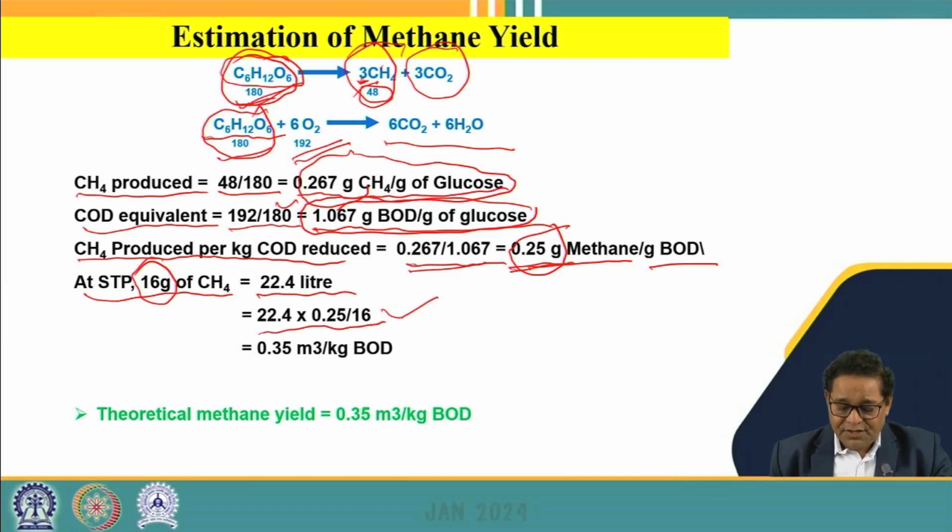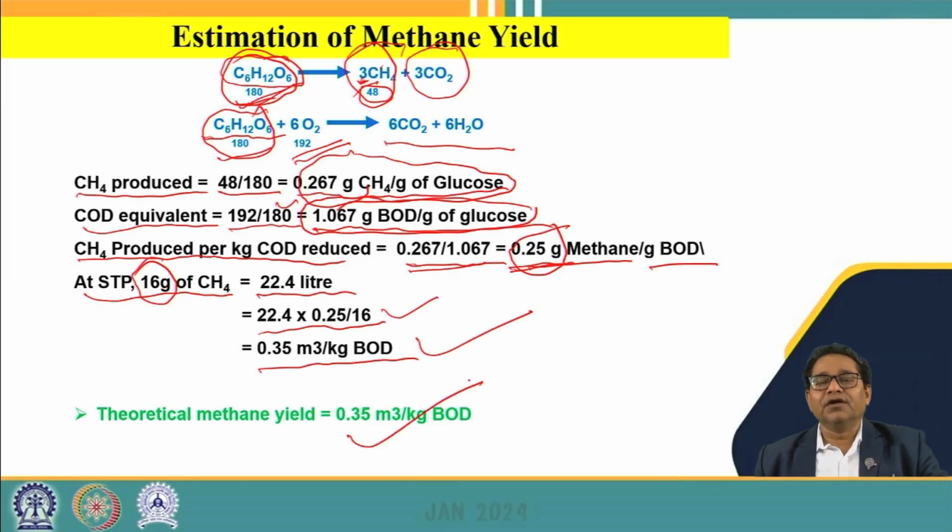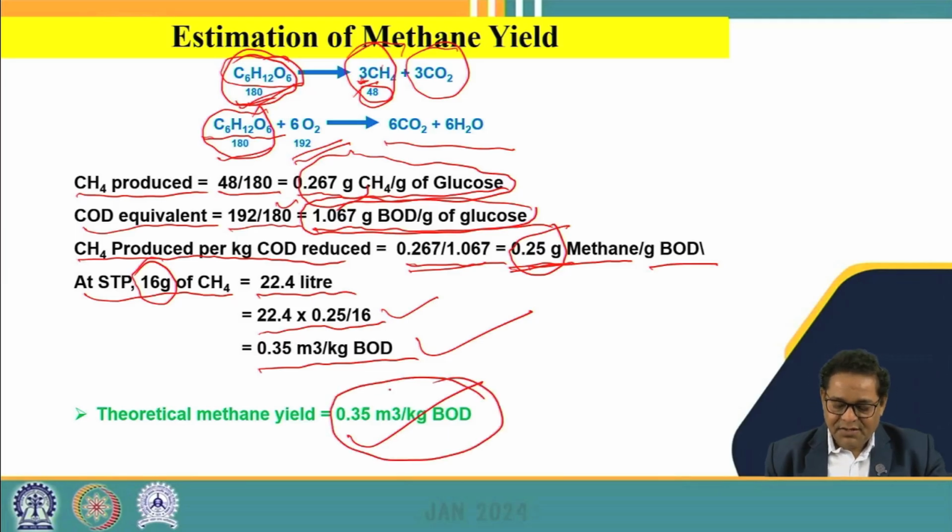This value comes to 0.35 meter cube per kg of BOD, which is basically the theoretical yield. So if we don't have any other data except its BOD and its percentage digestion, then we can directly calculate how much methane will be generated.